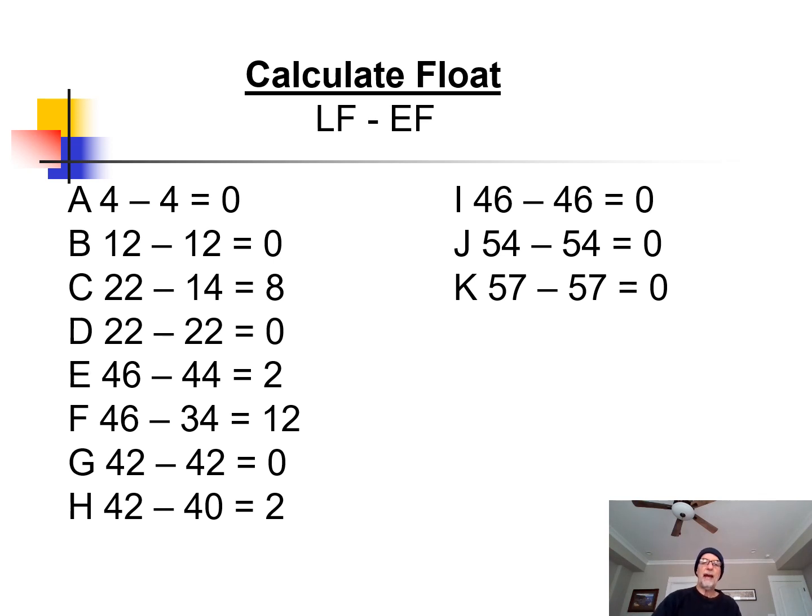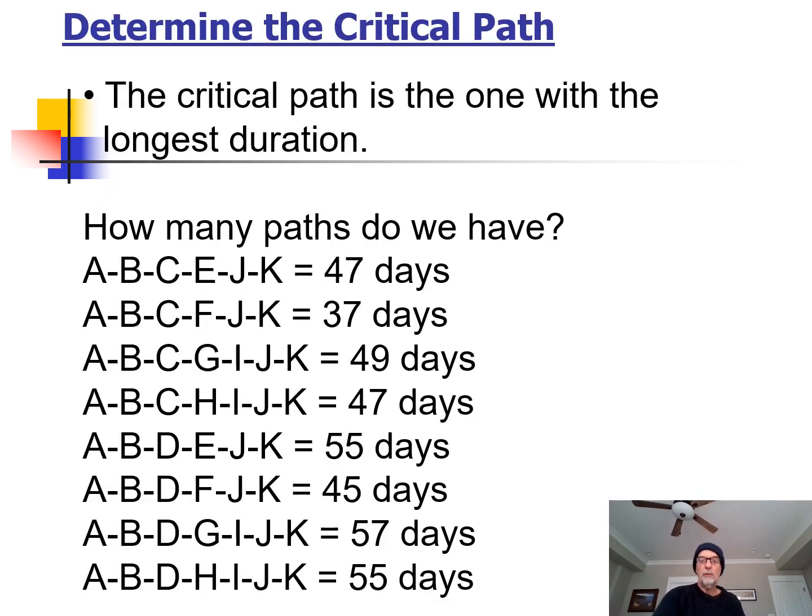So the critical path for this project is really important, and we find that it's the path that has the longest duration, and that turns out to be the path A, B, D, G, I, J, K at 57 days. All the other paths have a little bit of float.